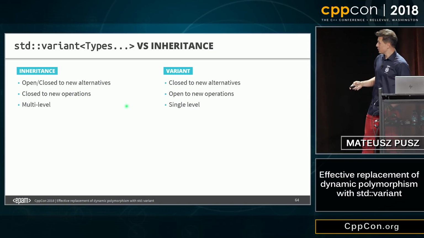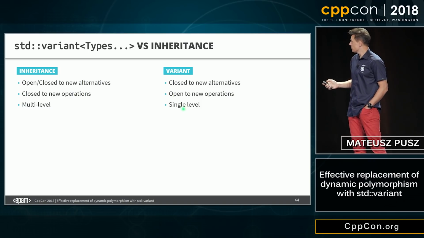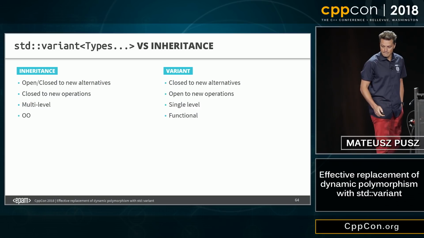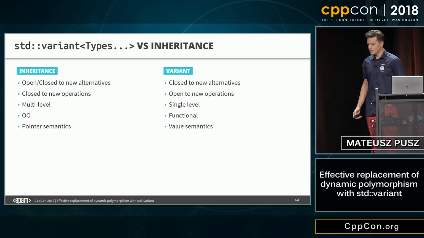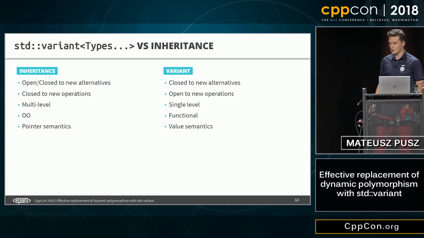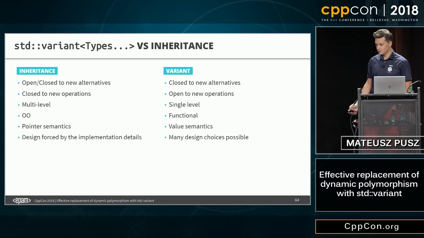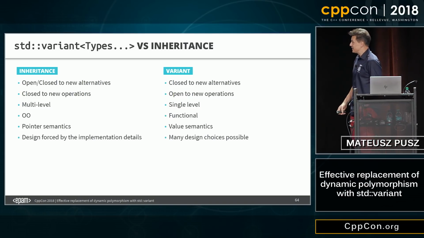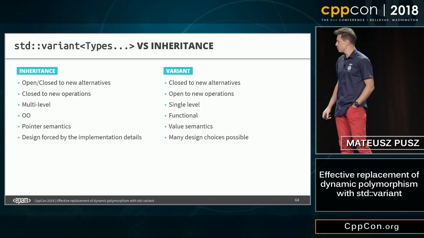Inheritance is multi-level. You can inherit a whole hierarchy tree from the base class. In case of variant, you have a single level of, let's say, inheritance. One is object-oriented, another one is functional. One has pointer semantics, another one has value semantics, which is very important here, which makes all of this stuff easier to handle. In case of inheritance, we had one fixed design that was forced by the implementation details because we decided to use polymorphism.